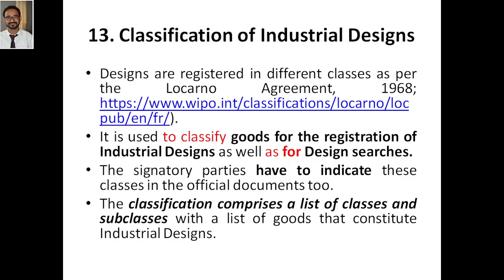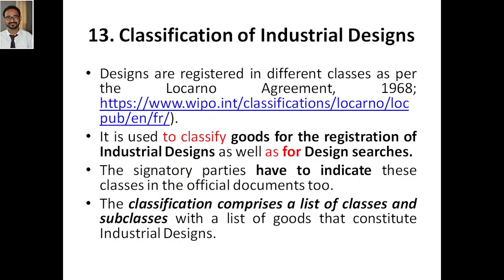As well as for registration, you can also use it for design search. If you want to search whether a design is already available or not, it will act as a search engine also.